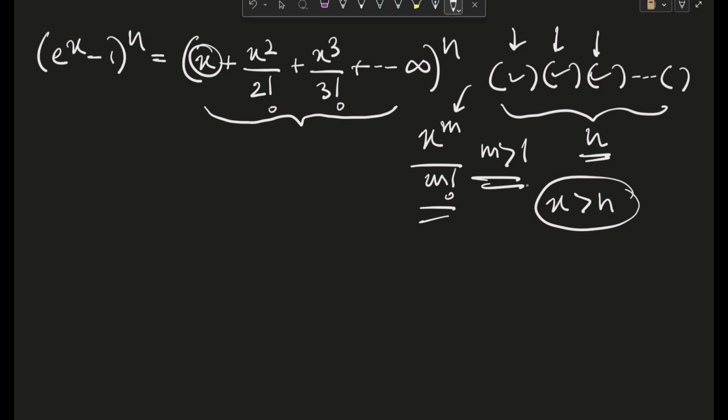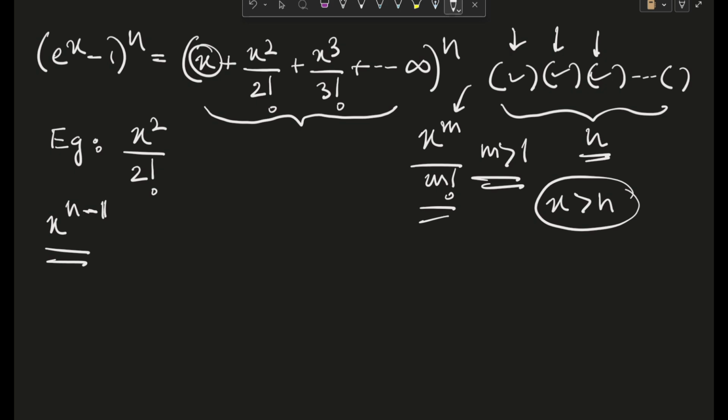For example, say I take x square by 2 factorial, the right next term. So what will this be? This will be x power of n minus 1. Now listen carefully why I have written this. There is a lot of explanation in this part.